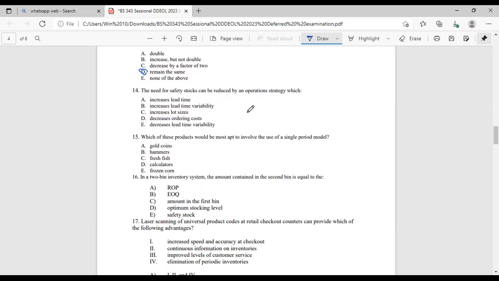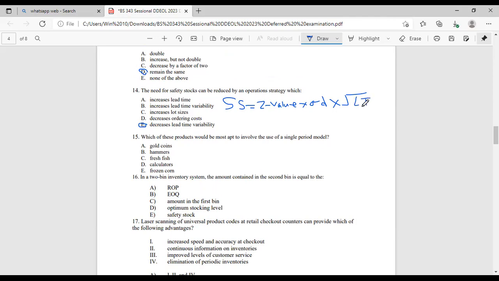So the need for safety stock can be reduced by operations that reduce the lead time. The reason is simple because our safety stock is equal to the Z value, multiplied by the standard deviation of demand, multiplied by the square root of lead time.